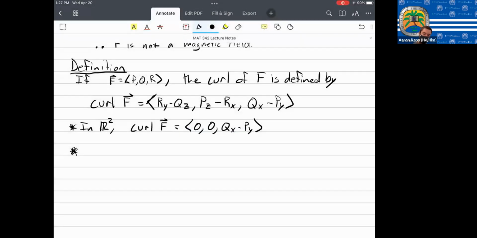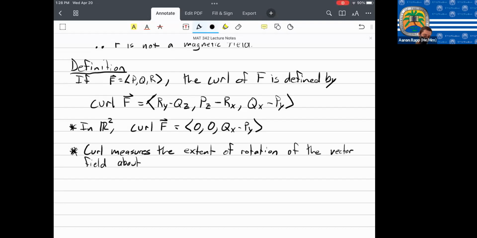So curl is going to measure the extent of rotation in this vector field, at any point in said vector field.